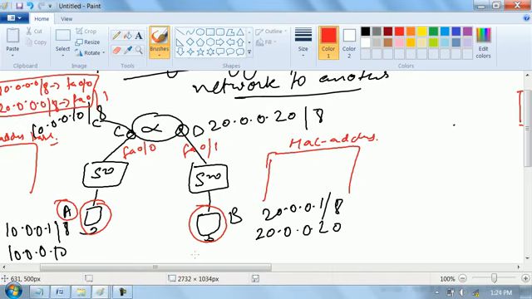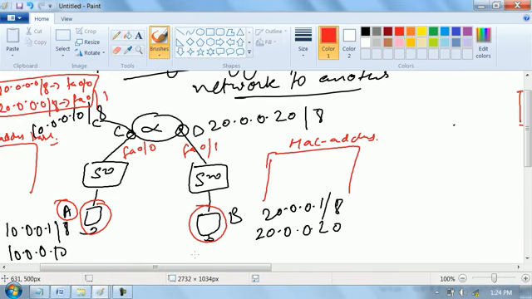It means if this guy generates an ARP, this guy will generate a broadcast, and it will reach up to maximum this point. This point is the default gateway. It means ARP can travel maximum up to my default gateway. Agree or not?